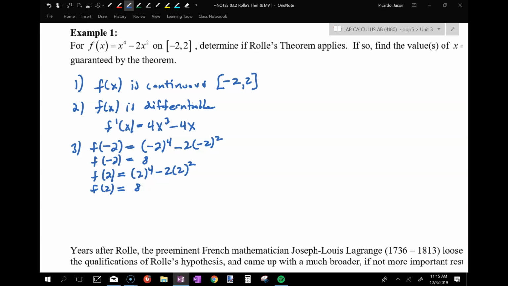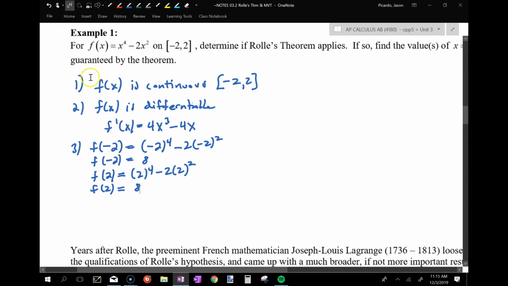So, Lexi, the function is continuous on the interval. The function is differentiable. And f of negative 2 is the same as f of positive 2. All three things work. Rolle's theorem applies. What does Rolle's theorem say? It says there has to be a point on this where the derivative equaled what? 0. Equaled 0, right?